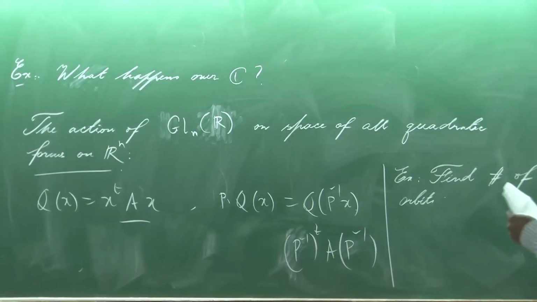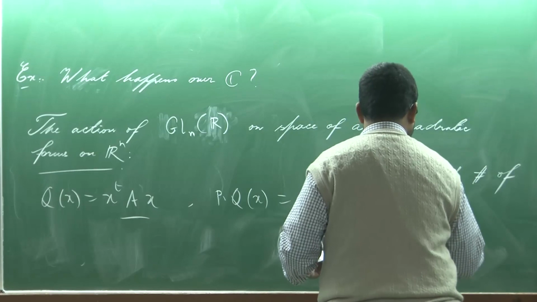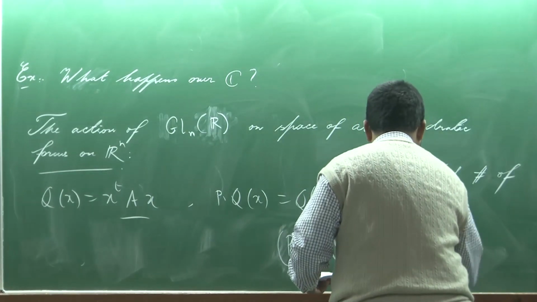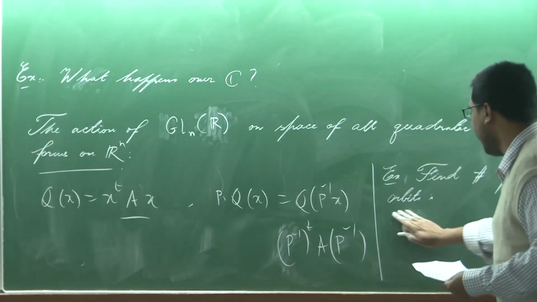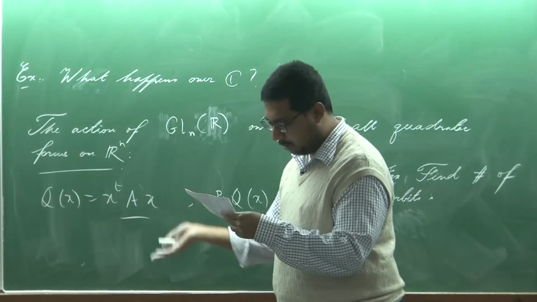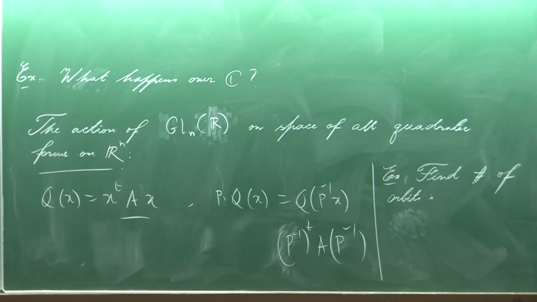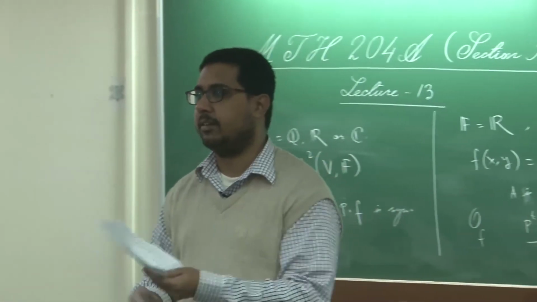Okay, and of course another exercise is to do the same. Earlier we have seen that the space of all non-degenerate quadratic forms, positive definite quadratic forms, negative definite quadratic forms, and indefinite quadratic forms, all these four important subsets are invariant under GLn(R).